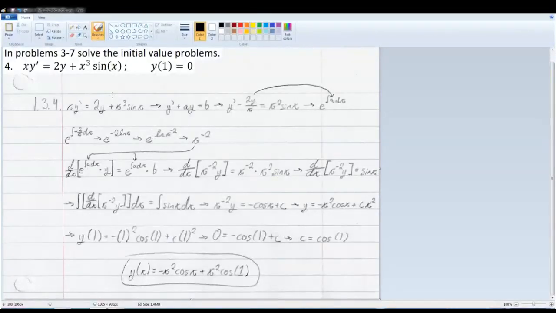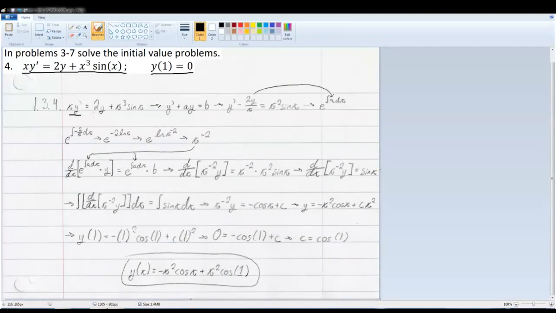So this is question 4 from the next homework, and it basically asks us to solve the initial value problem. We have this differential equation with an initial value y(1) = 0. As Professor Chen showed, the first thing we want to do is get the y prime on its own on the left side.